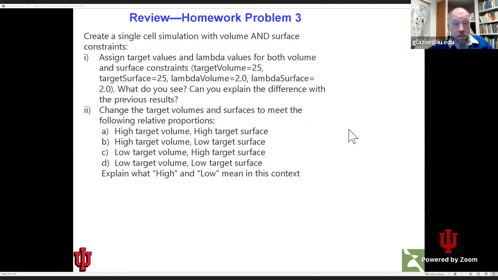But if the volume is too big relative to surface, you can't. If the surface is too big relative to volume, you can't. That explains why I was saying high target volume, high surface, and so on. And then when you change the lambdas, you can switch. If you can't satisfy both, by changing the lambdas, you can decide to get closer to satisfying one or the other.